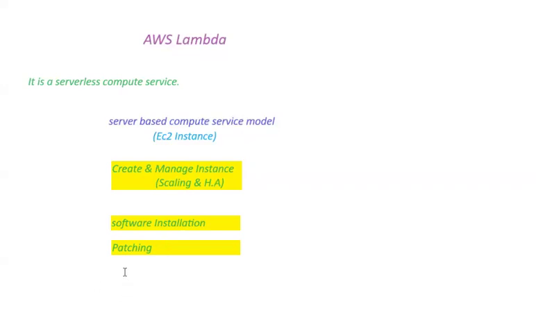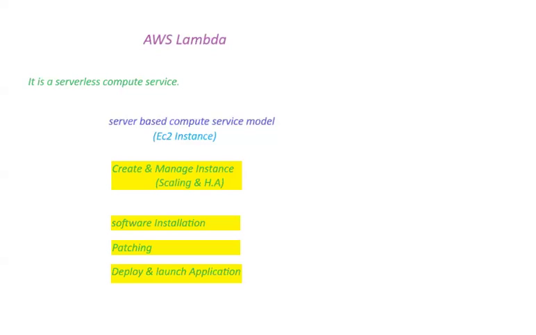In order to run my application, do I need to paste my code in my server, and do I need to launch my server? That means I need to deploy and launch my application.